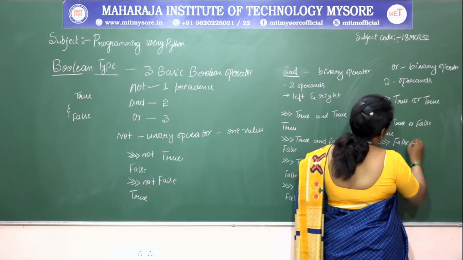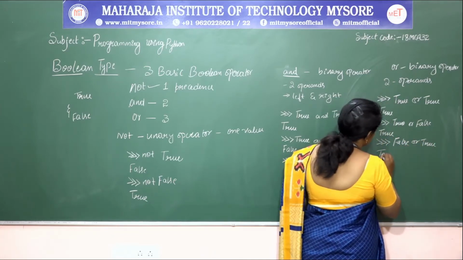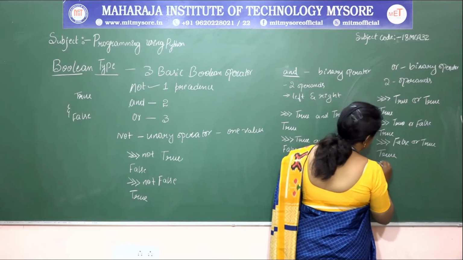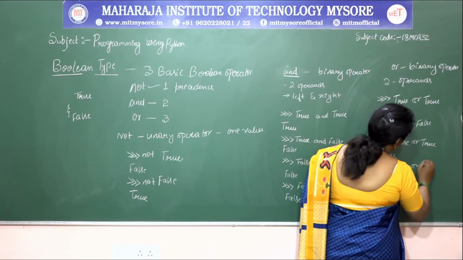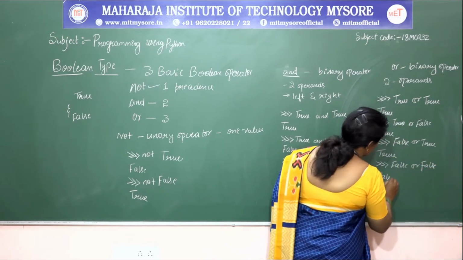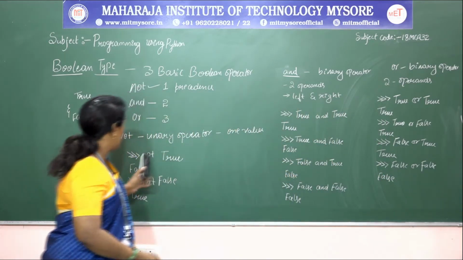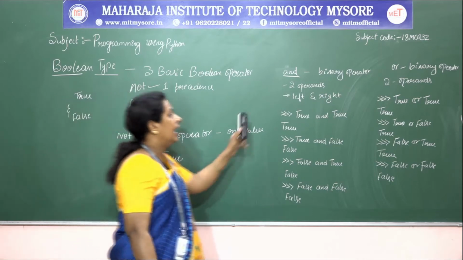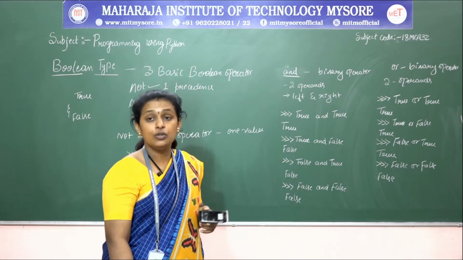False or true gives true. False or false gives the output false. So this is how the not operator, and operator and or operator work.